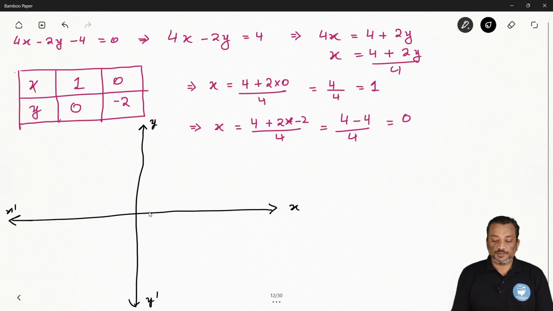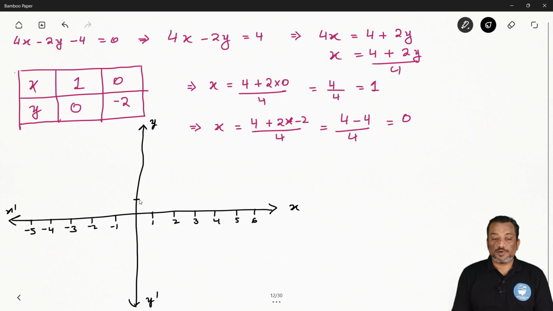You can mark from here 1, 2, 3, 4, 5, 6. Same way on this side, -1, -2, -3, -4, -5.